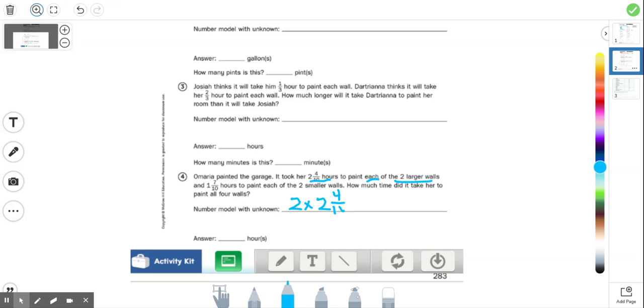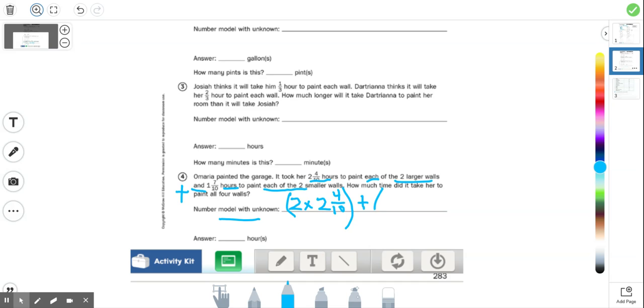So this is going to be like the number model with the unknown. So 2 times 2 and 4/10. But then she also has to, see the word and there? Shockingly, and means plus. 4 and 3 is 7, you see. Okay, I learned that when I was a kid. All right, and then 1 and 7/10 hours to paint each of the two smaller walls.